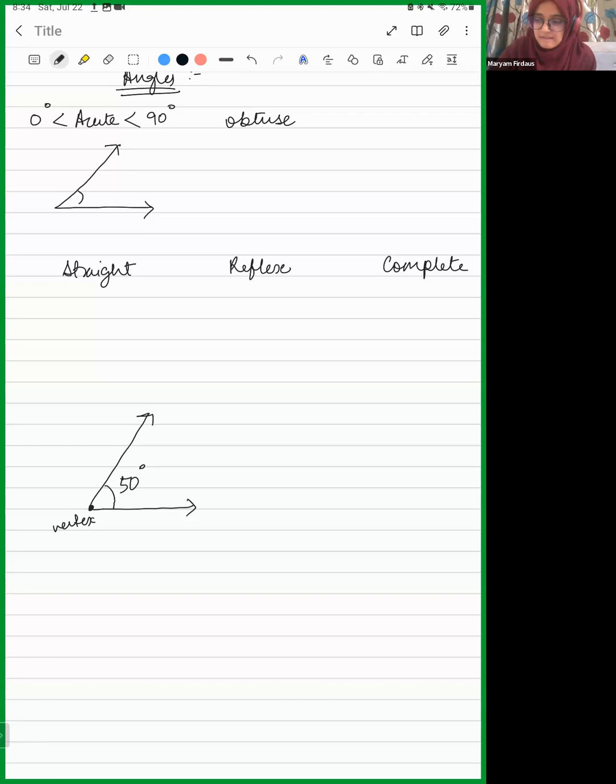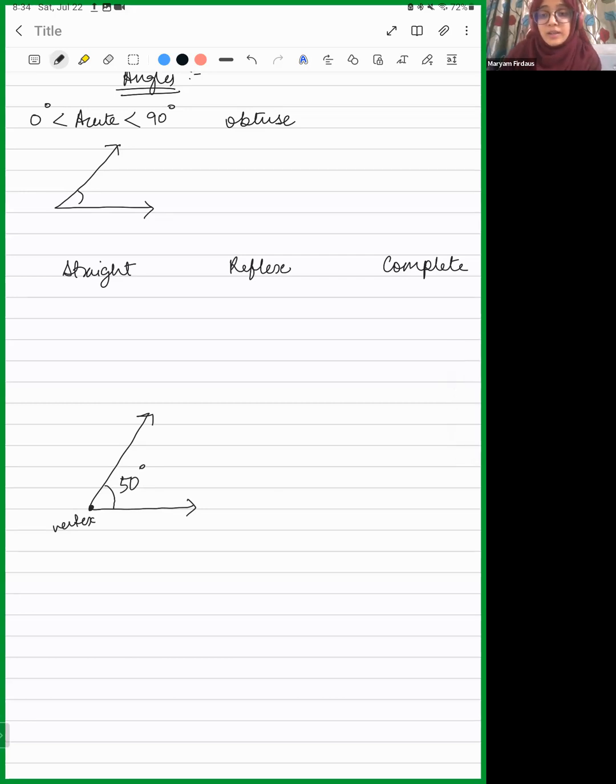So, what is acute angle? Acute angle is an angle which is less than 90 degrees and greater than 0 degrees. So basically it has less degrees.